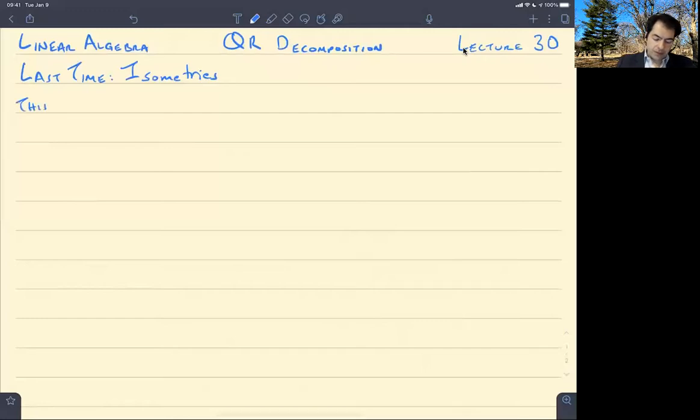This time, we're going to talk about a decomposition of matrices. Previously, we've talked about the LU decomposition, where we had lower triangular and upper triangular. This time, we're going to have QR.